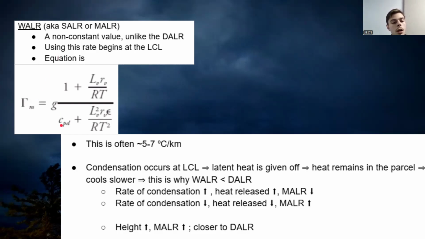This equation that's right here is never going to end up with a larger value than the dry adiabatic lapse rate, because condensation causes the rate to slow down. So essentially, if the rate of condensation is higher, then we have a lower MALR, I know that says MALR, it's the same thing as WALR. Lower rate, higher condensation, lower rate of cooling that occurs.